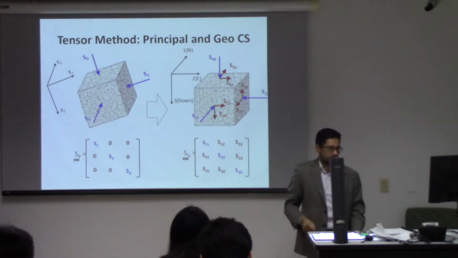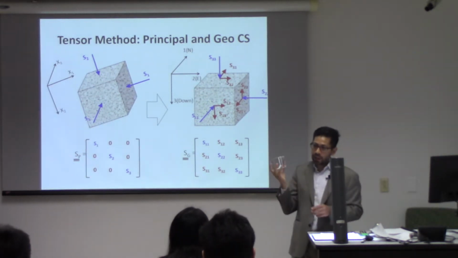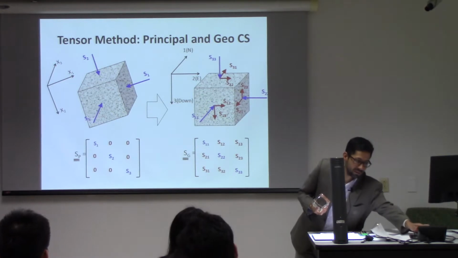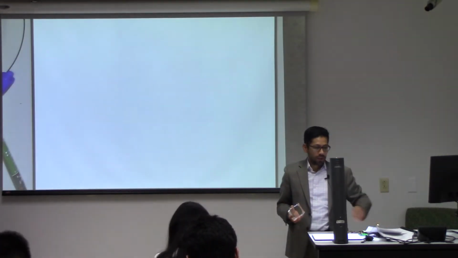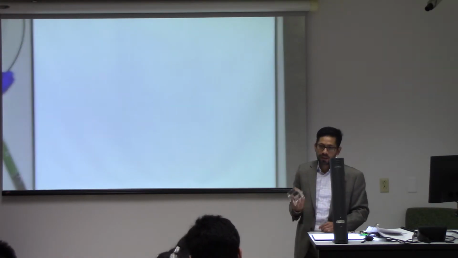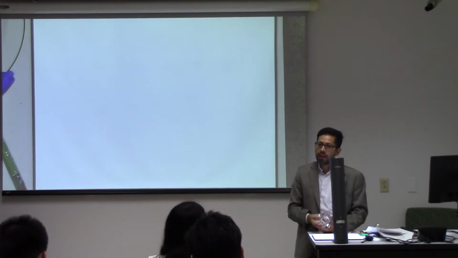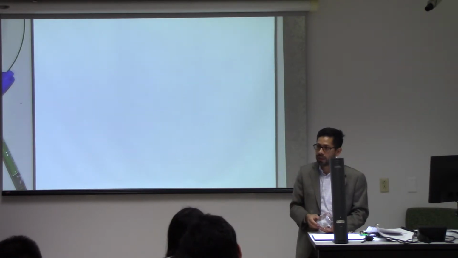So I have an analogy for that, and actually, that's why I bought this cube. Let me see if I can make this work. So the state of stress always is going to have 3 principal directions, right? But that doesn't mean that the coordinate system you choose is going to be oriented with those principal directions.